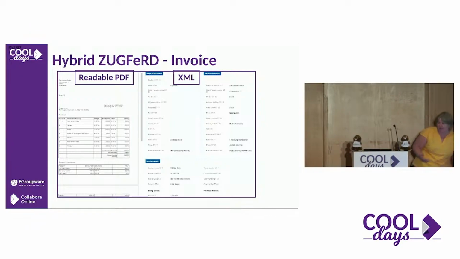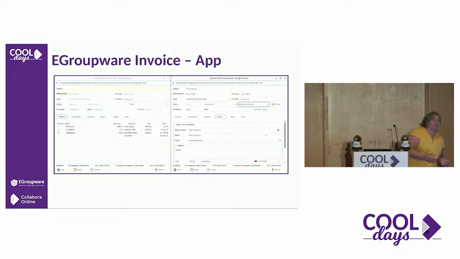We had to decide whether to create something in EGroupware itself, which is able to process, handle, export and create all these XML things, or to transfer it somewhere else. We decided it makes more sense for us and for our customers to be able to do it on our own.